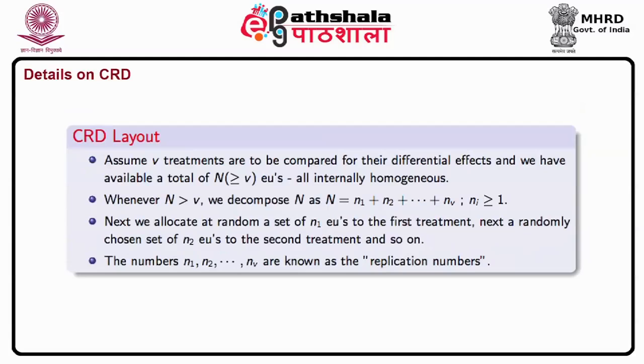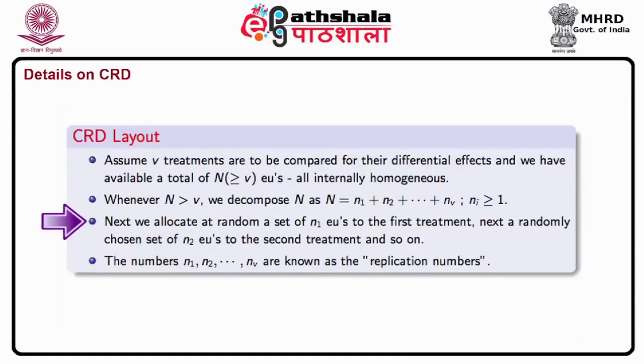So, for CRD layout, assume v treatments are to be compared for their differential effects and we have available a total of n, which is greater than or equal to v, experimental units, all internally homogeneous. Now, whenever capital N is more than small v, we decompose n as n = n1 + n2 + up to nv, such that each ni is greater than or equal to 1.